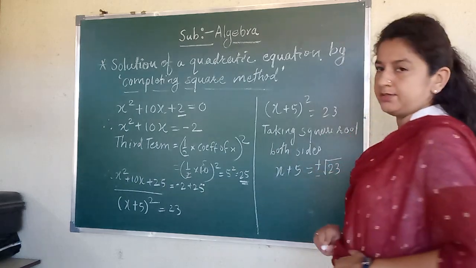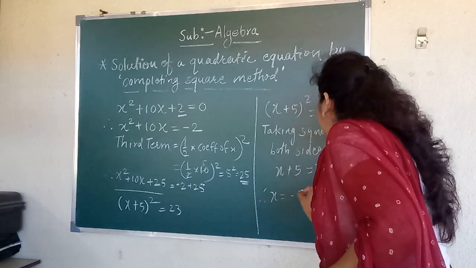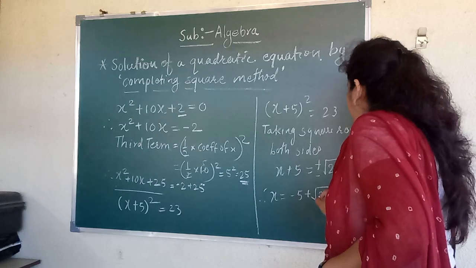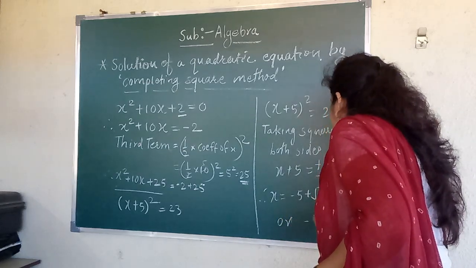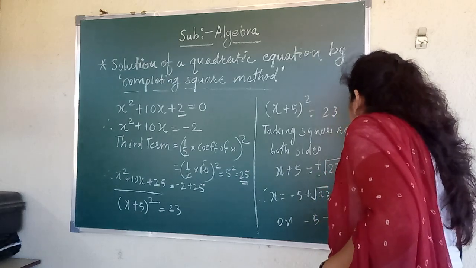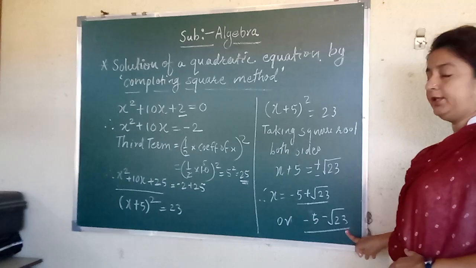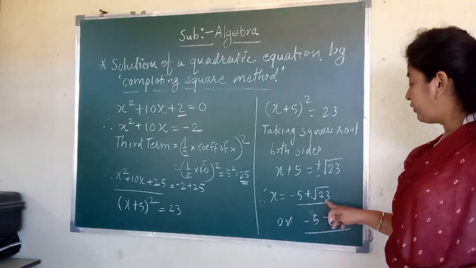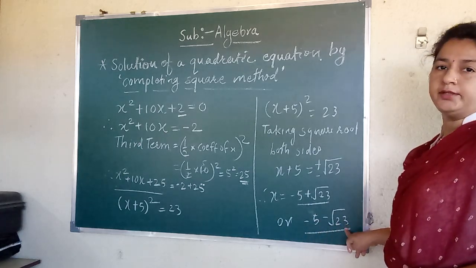Therefore the roots are x is equal to negative 5 plus root 23 or negative 5 minus root 23. Therefore the roots of the given quadratic equation are negative 5 plus root 23 or negative 5 minus root 23.